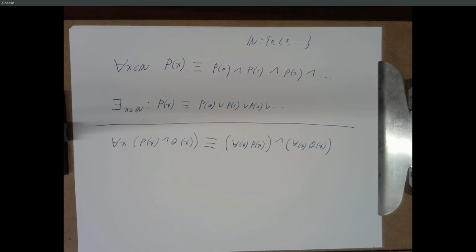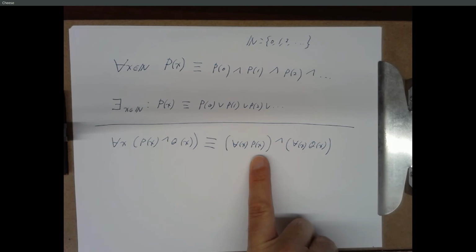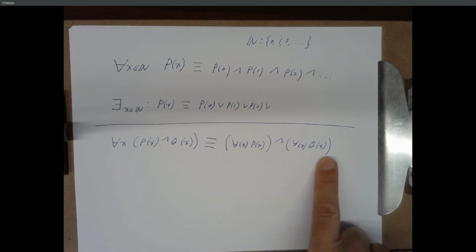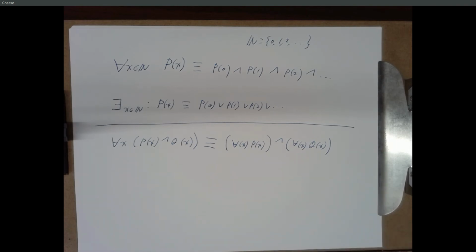Well, that means P of X will be true and Q of X will be true, and that worked for any X. So for any X that I pick, P of X will be true. So this statement is true on the left, and for any X I pick, Q of X has to be true, so this statement is true on the right. So the AND of those two true propositions is true.